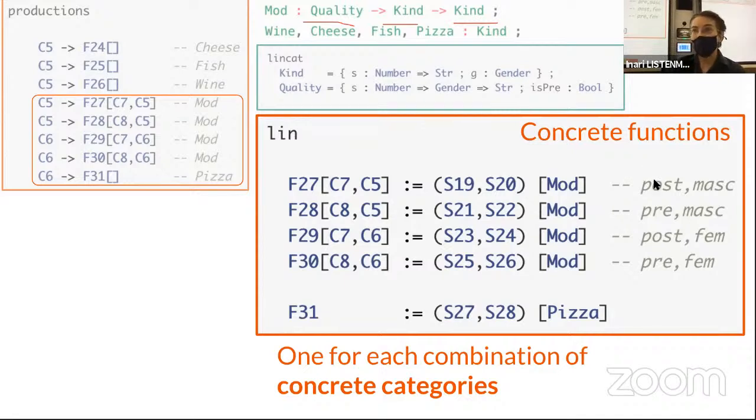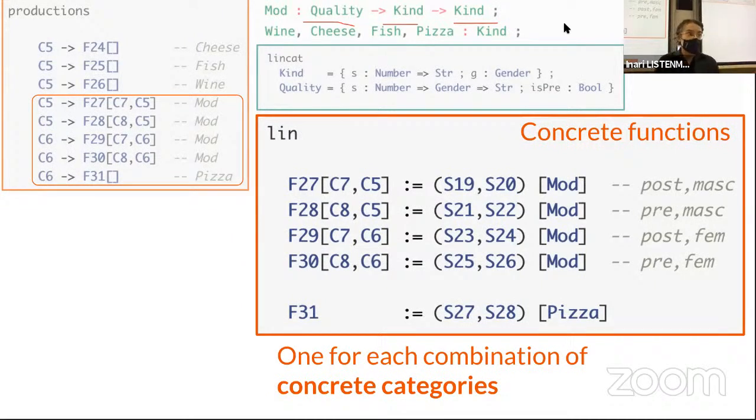And as I have written here, it's because in the GF grammar, we just wrote one function called mod, which used some higher level constructs like case expressions. It pattern matched an inherent parameter with both quality and kind. But the concrete functions are much simpler. They don't know about pattern matching.